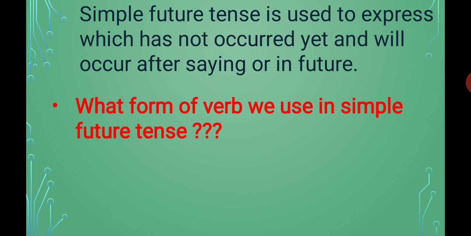What form of verb do we use in simple future tense? Do you remember which form of verb we use in simple present tense? Do and does. Which form of verb do we use in present continuous tense? Is, am, are as a helping verb, and verb plus ing.